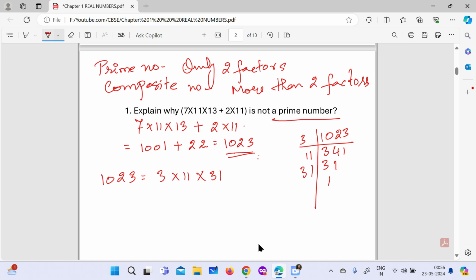So it doesn't satisfy our criteria of a prime number. A prime number must have only two factors, whereas 1023 has more than two factors. So this is not a prime number.